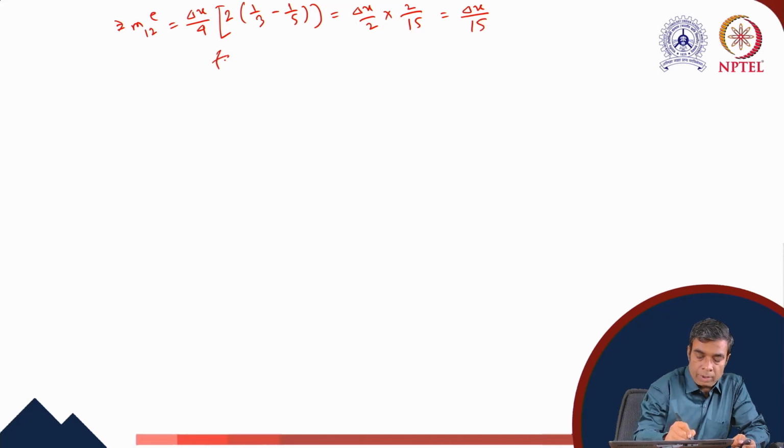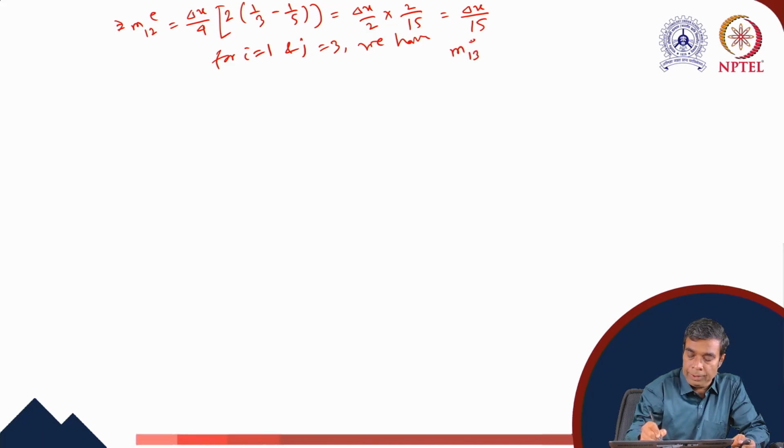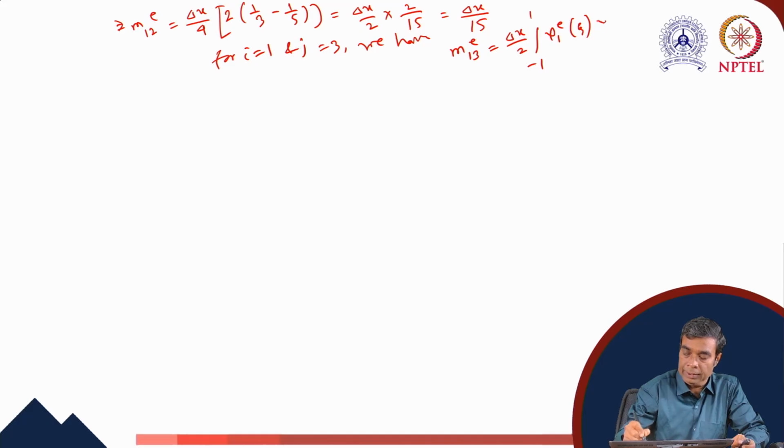Now for i equals 1 and j equals 3, we have M13^e equals Δx by 2 integration from minus 1 to 1 of psi 1(ξ) psi 3(ξ) dξ.